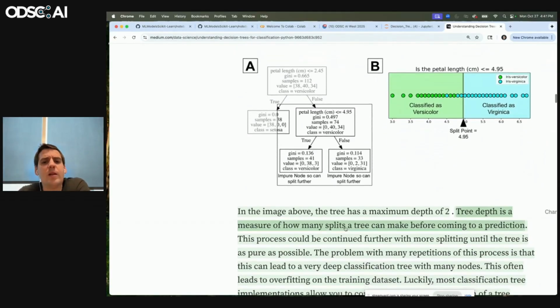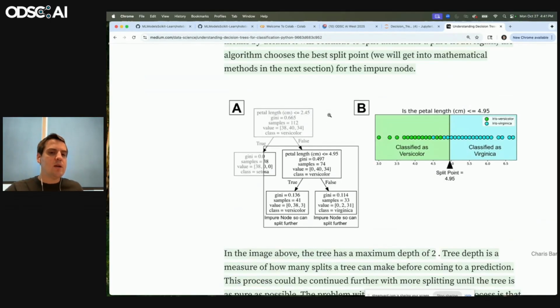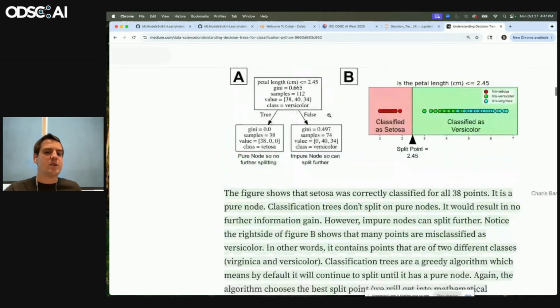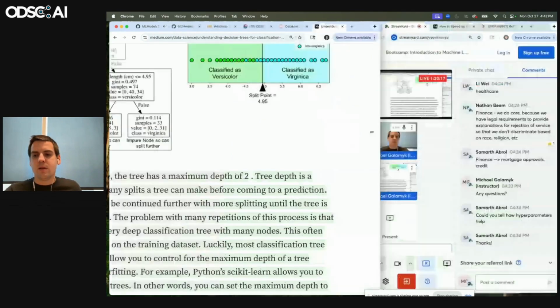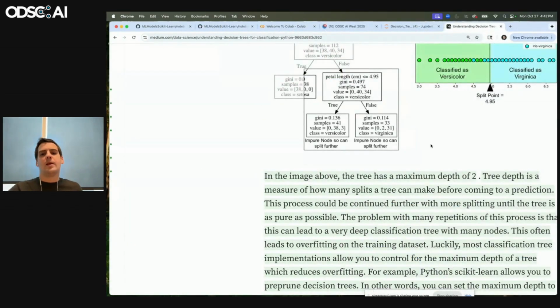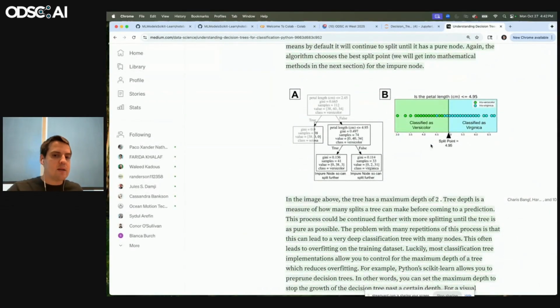What we end up finding over here is that the tree has a maximum depth of 2. I have at most 2 questions before coming to a prediction. The first question is petal length less than or equal to 2.45. The second one is asking about 4.95. For simplicity in this example, I just had one feature that this model is trained on to make it easier to understand. This is a hyperparameter. I set this before I trained the model on the data.